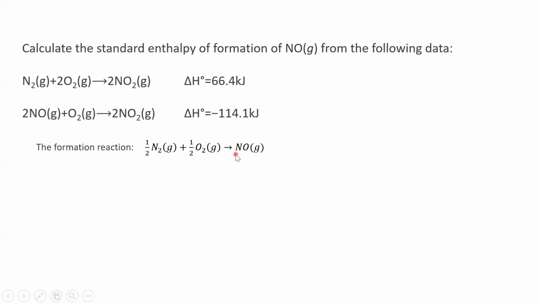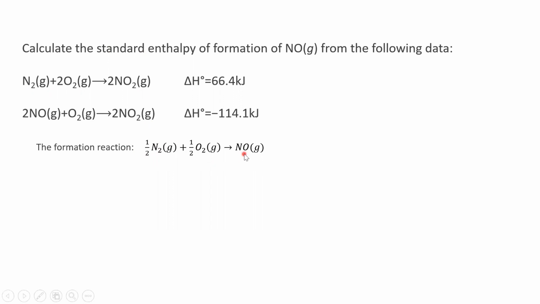Okay, 1 mole of nitrogen monoxide from its elements. So we're going to have to manipulate these equations. All right, well, we want nitrogen to end up on the reactant side. It's in the first reaction, and it's on the reactant side. So we're not going to need to flip this first equation, but we are going to have to divide it by 2 in order to get this 1/2 we're looking for.